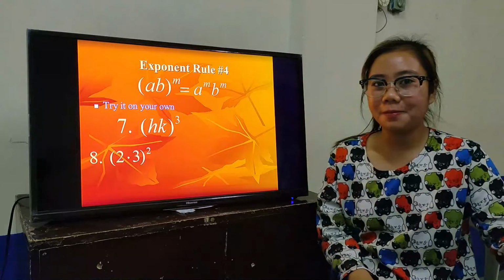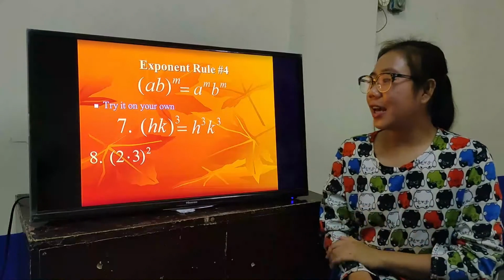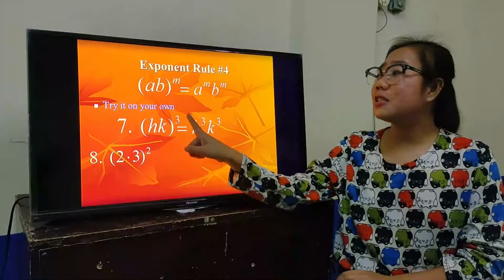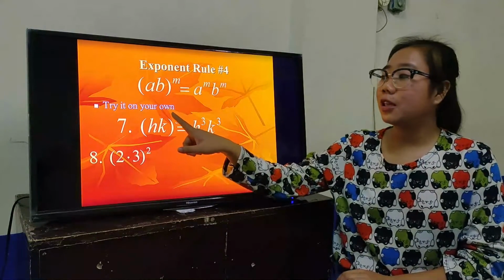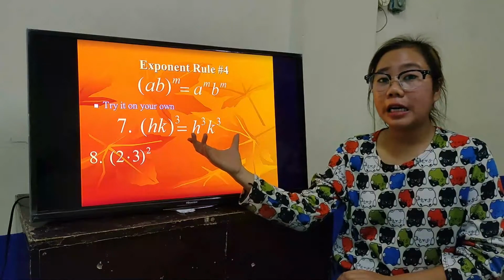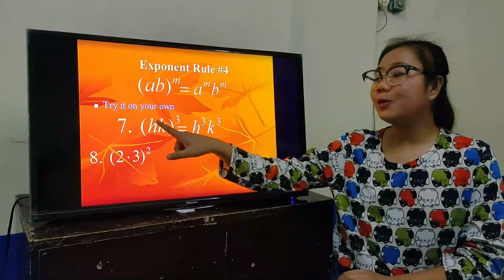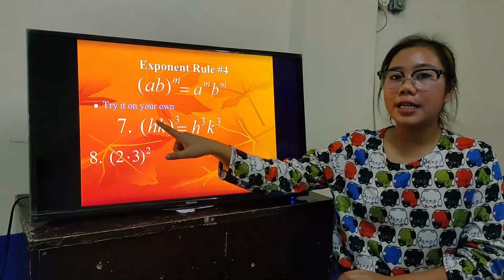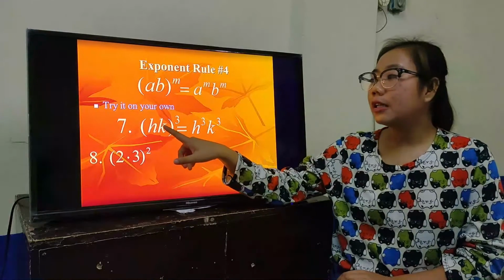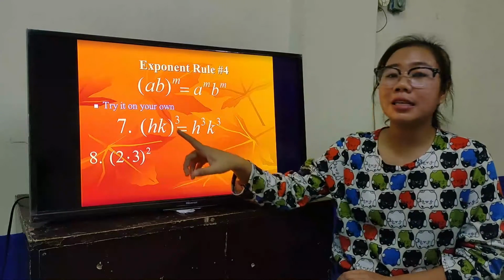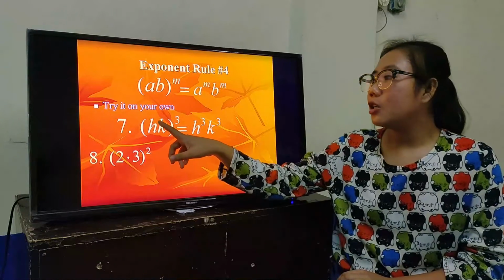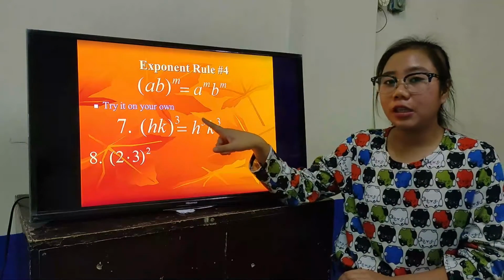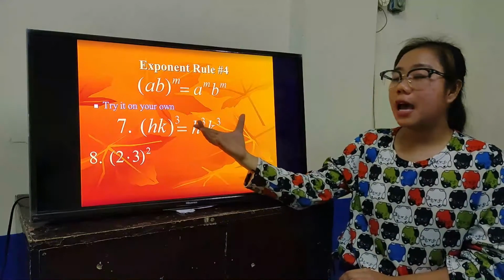Let's check your paper. You distribute the exponent to every variable that you have. We have an imaginary 1 as an exponent of h, and an imaginary 1 as an exponent of k. So 1 times 3, we have 3. 1 times 3, we have 3.